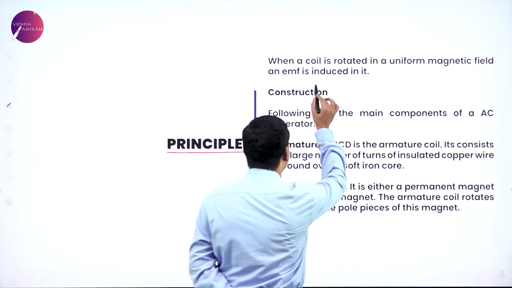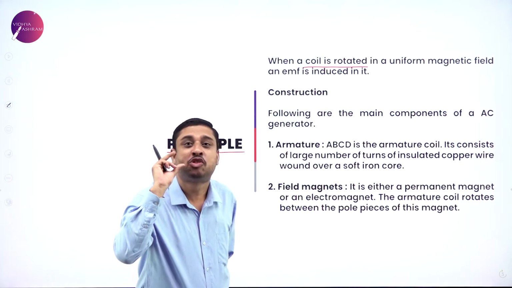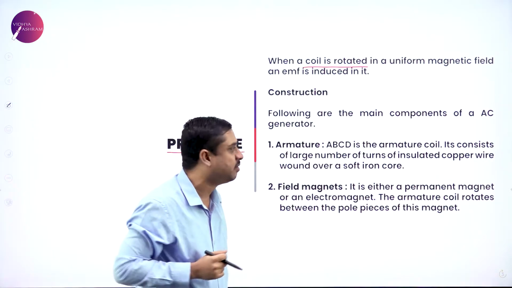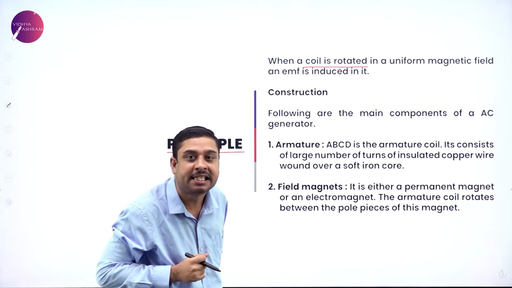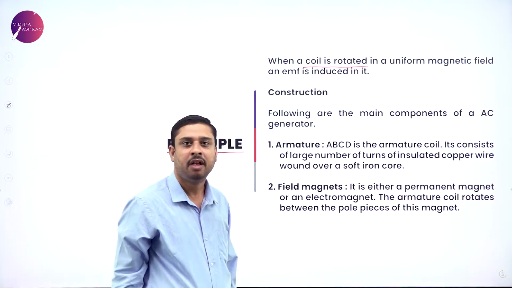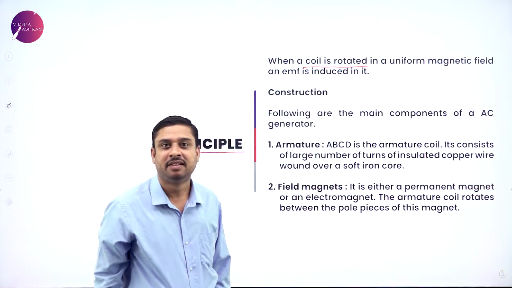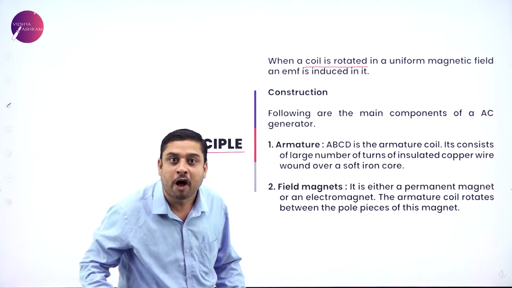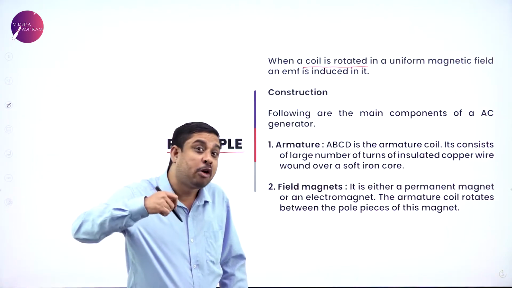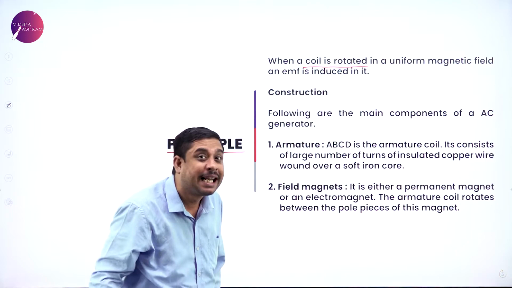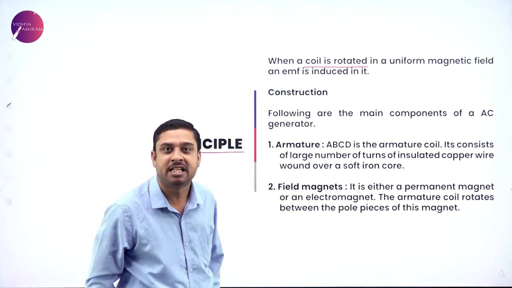The principle is, when a coil is rotated in a uniform magnetic field, because of the torque created, magnetic flux is changed.